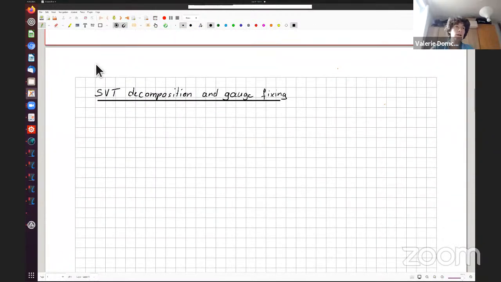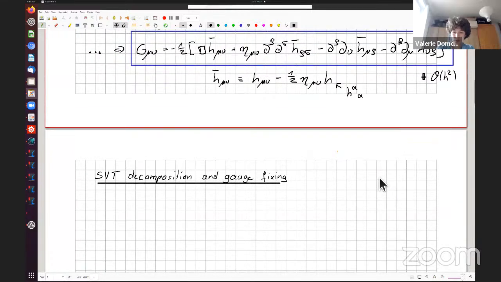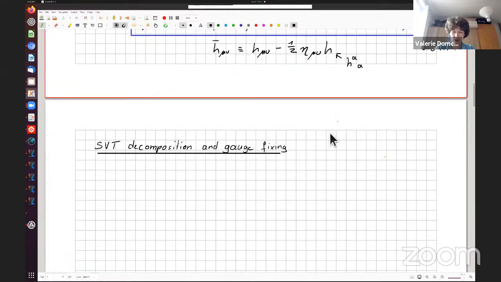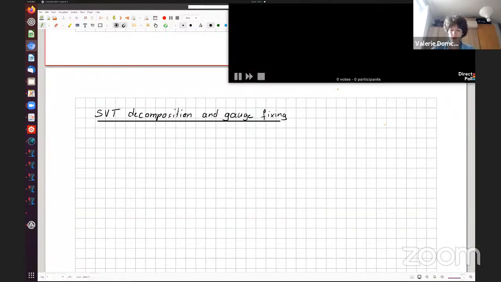Okay, so now we need to understand a bit better what this object h mu nu is, which is appearing here to first order in perturbation theory. For that, I have another poll for you. If you still have it open, you should see a new question.